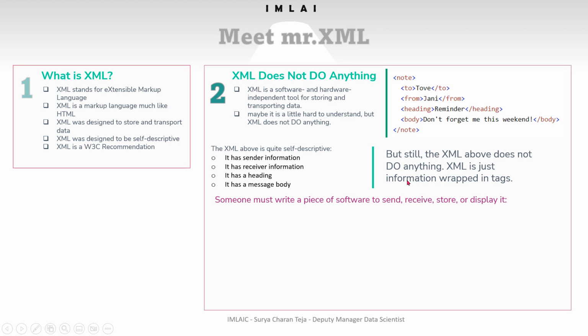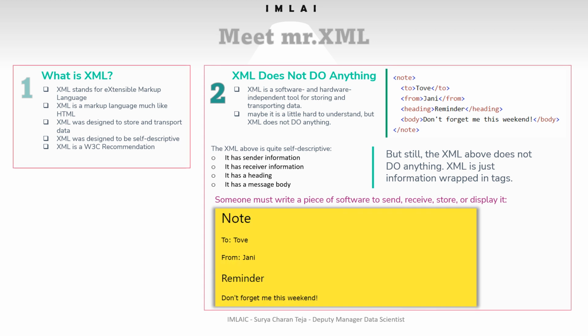So someone must write a piece of software to send, receive, store, or display it. So this is the example. This is a note, to whom, from whom, to this girl, from this guy, and the heading is a reminder: don't forget me this weekend.